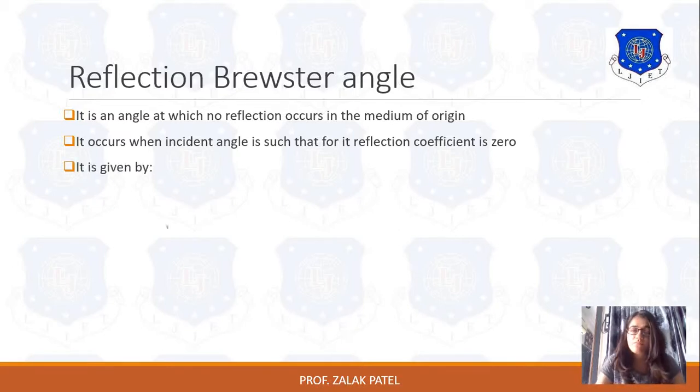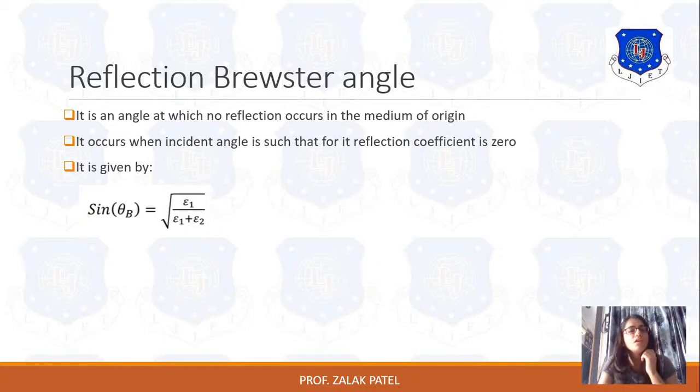Next, it is denoted by theta b, and it again depends on the permittivity of medium 1 and the permittivity of medium 2 when the wave travels from one medium to another. The first medium's permittivity is given by epsilon 1 and the second medium's permittivity is taken as epsilon 2.